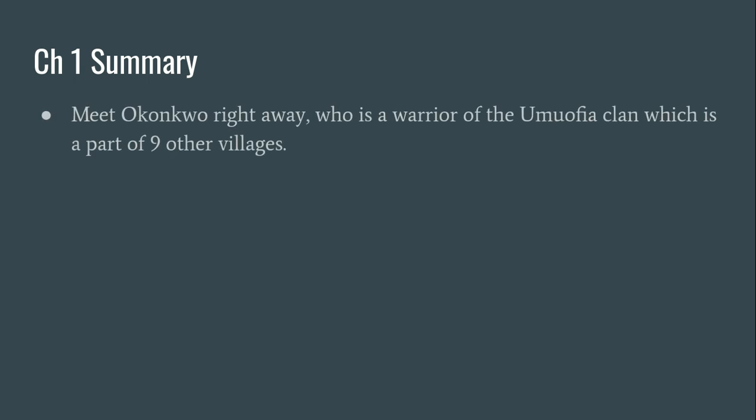So in chapter 1, just a summary, this is either before or after you read. I think it's a good idea to look at the notes several times, but here we meet Okonkwo right away, and we find out he is a warrior, and his village is a part of nine other villages. Not only in Africa, but even in Native American tribes, you see this a lot.